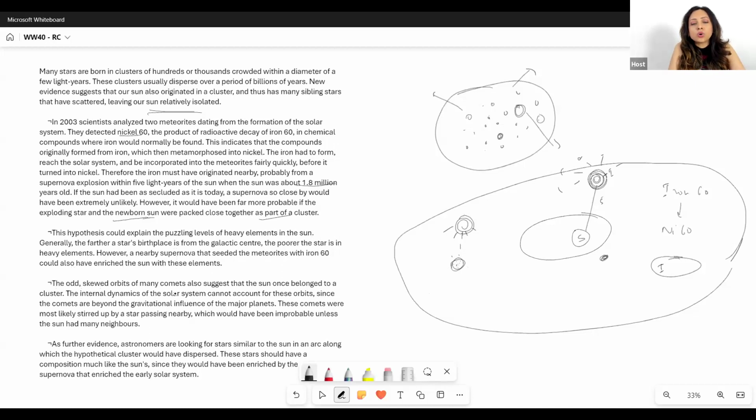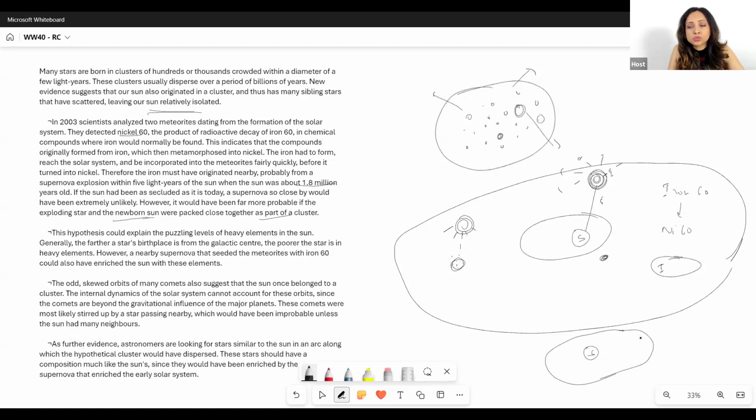Now, the odd skewed orbits of many comets also suggest that the sun once belonged to a cluster. Now it is saying that, let's make our solar system once again. Let's say this is our sun, and this is our solar system. It's saying that the odd skewed orbits of many comets.